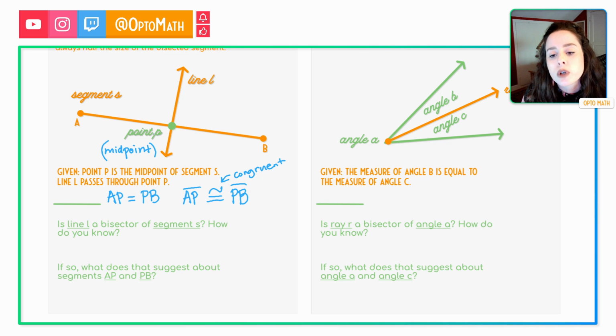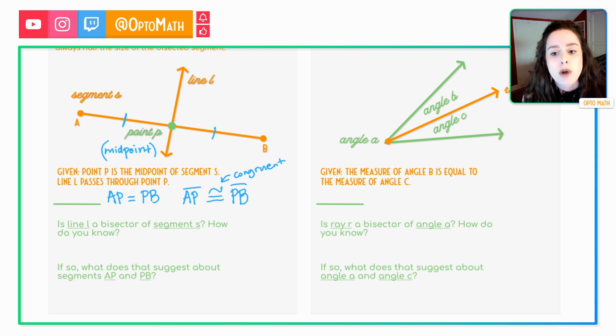So if those are congruent, we have these things called congruent markings. We have different markings for segments than we do angles. So let me show you what it looks like when you're marking two segments to be congruent to each other. I'm just making a little tick mark. This tick mark is on AP. If I want to show that PB is the same length as AP, I do the same exact marking on that one.